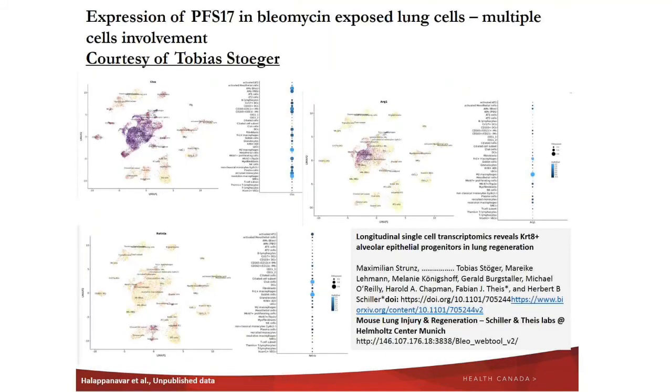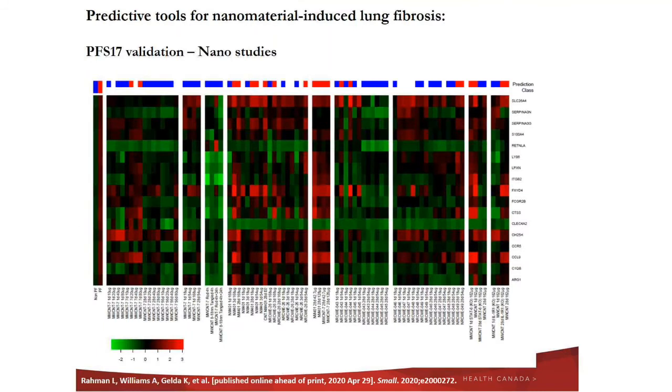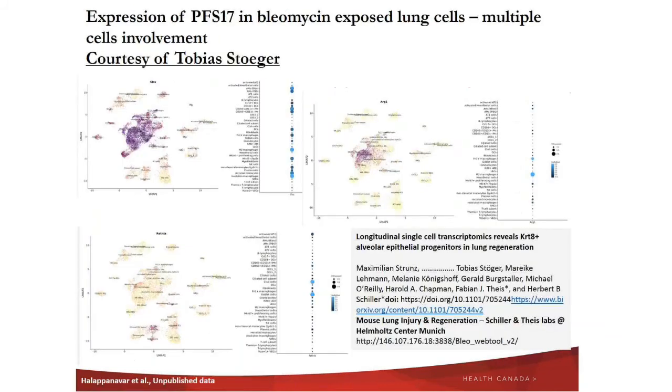So then, although we didn't include it in our study design, because of the courtesy of Tobias, we were able to identify the cell types in the lungs which express these particular genes.